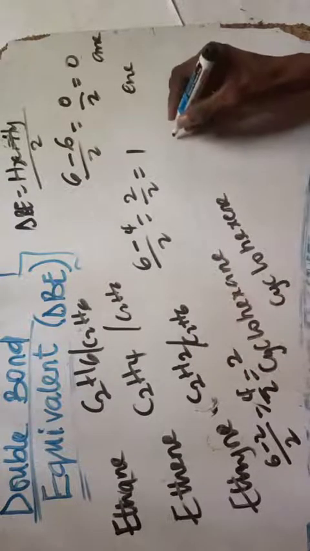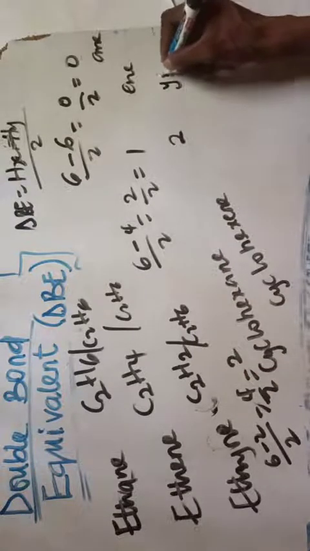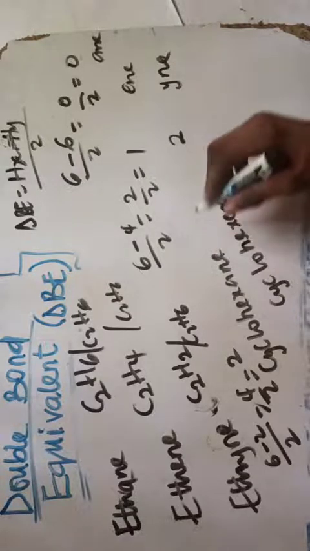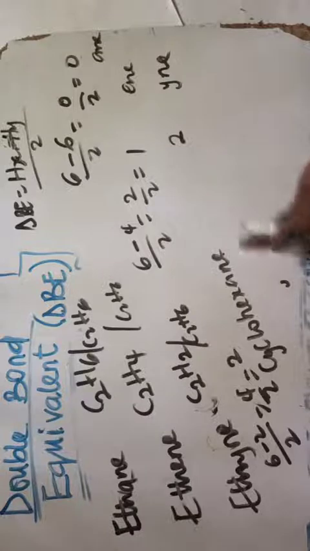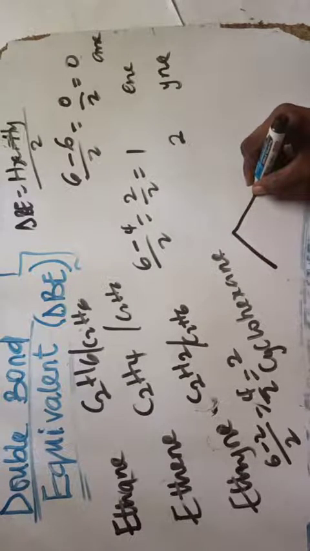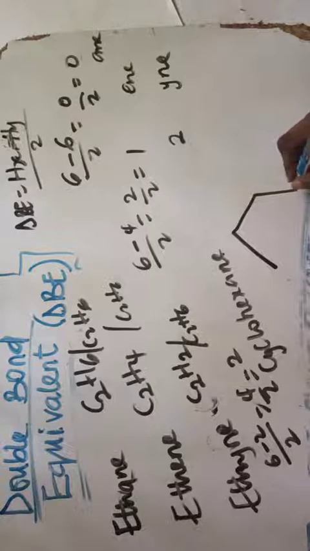So you find out that the yne family is double. Now in cyclohexane, this cyclohexane here, you find out is 6, right? 1, 2, 3, 4, 5.